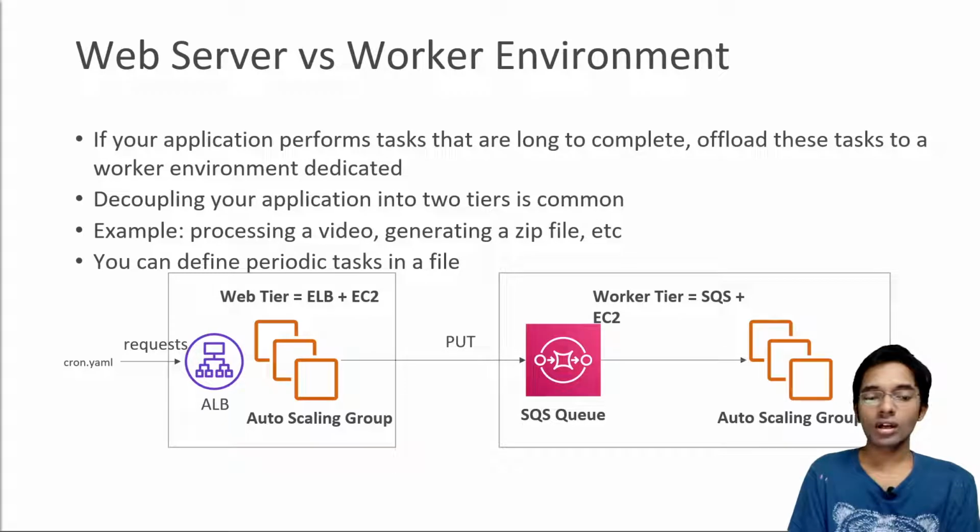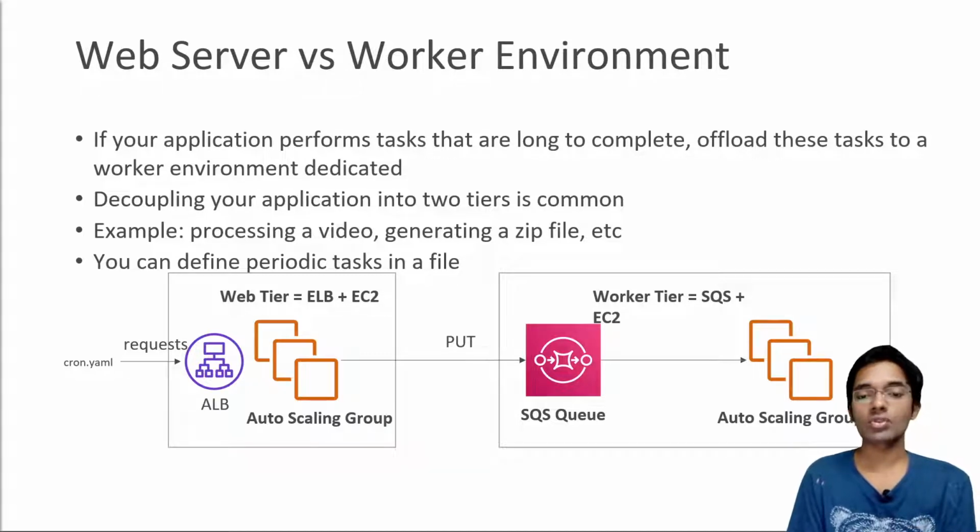Okay, so let's now have a look at the typical architecture of a Beanstalk. You would have your web tier for Beanstalk, which consists of your application load balancer and your auto scaling group. And that is going to be a production like deployment. And then we are going to have a worker tier also managed by Beanstalk, which consists of an SQS queue and an EC2 instance managed by an auto scaling group.